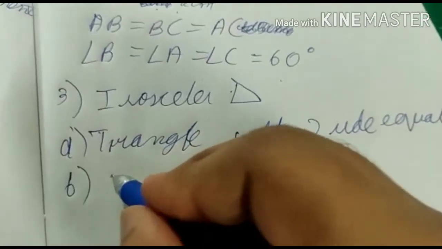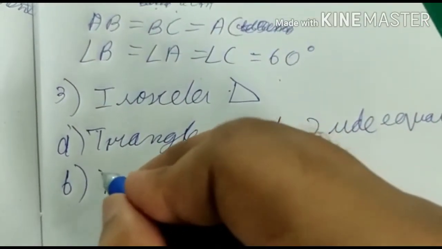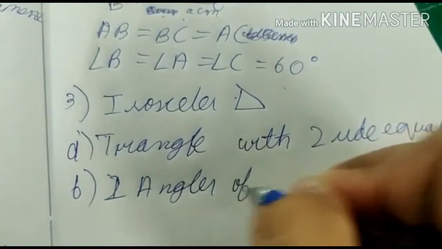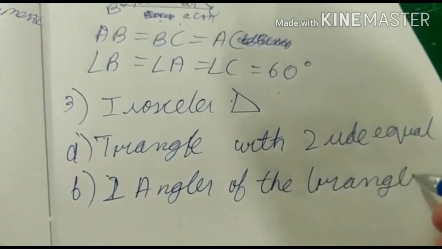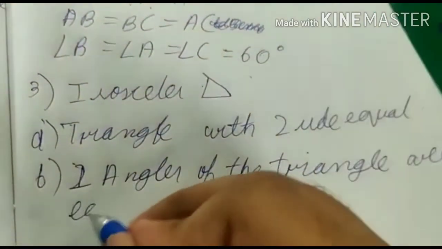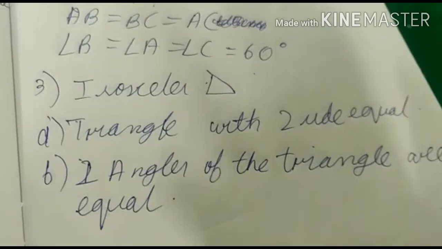Second point is, two angles of the triangle are equal. Okay, two angles are equal.